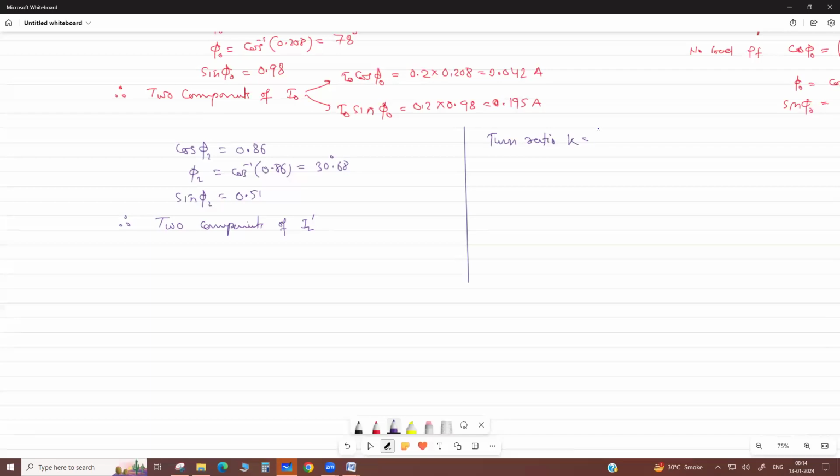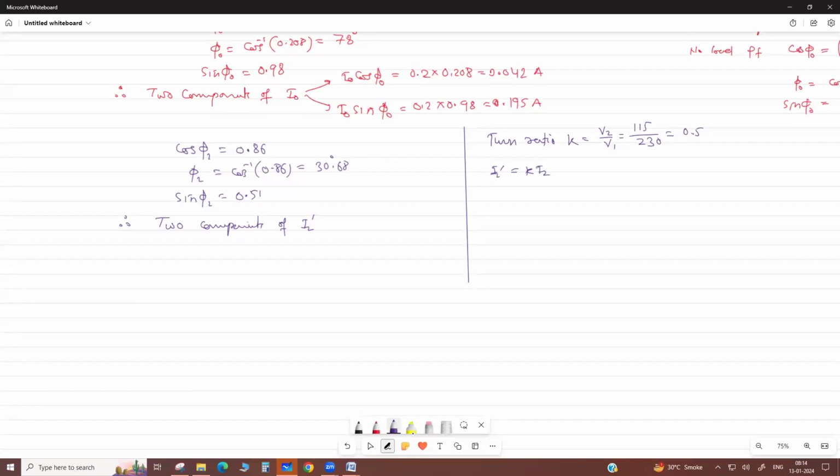K equals V2 by V1, that is 115 by 230. It is 0.5. Then I2 dash equals K I2.